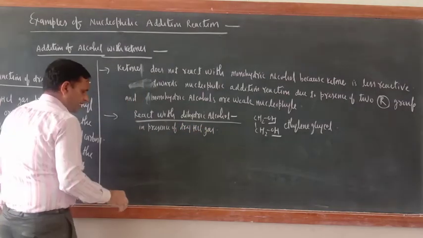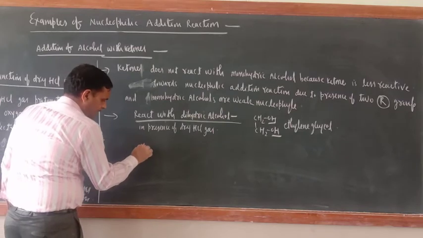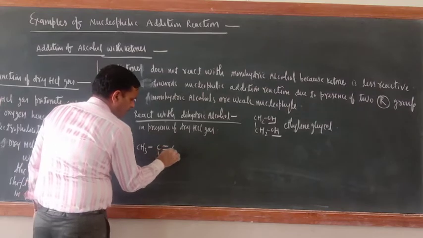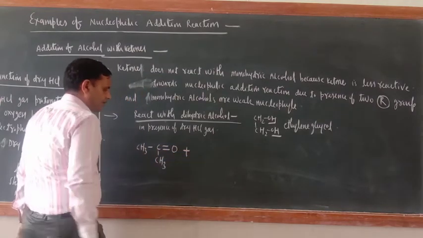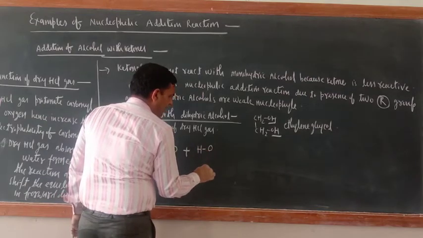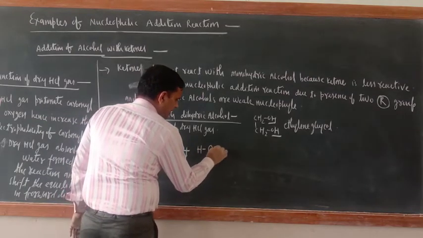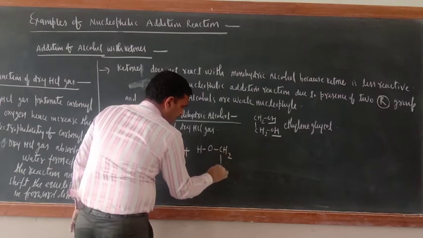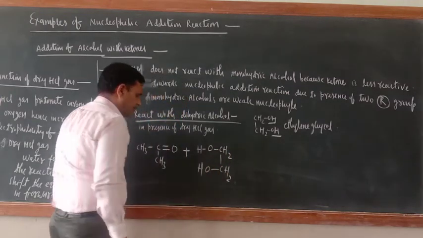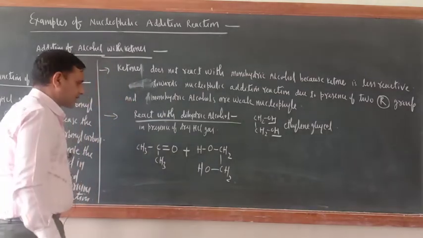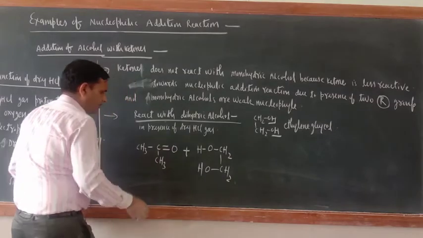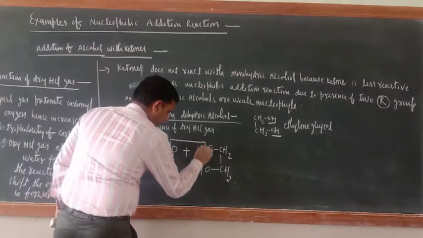So just see, now this is CH3, double bond O, plus HO, CH2, here also CH2, and here OH. Okay, so H2O will come out from here.